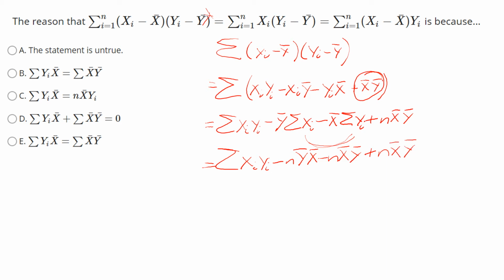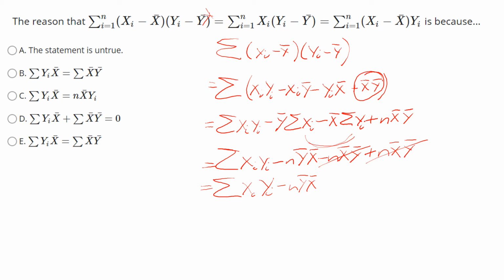Okay, so the last two terms cancel each other out, right? There you have minus n times x bar y bar, and there you have plus n times x bar y bar. So we're just left with the sum of xi yi minus n times y bar x bar. Doesn't matter which of the variables you put first.